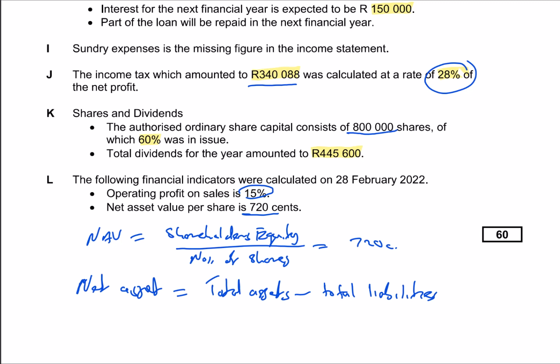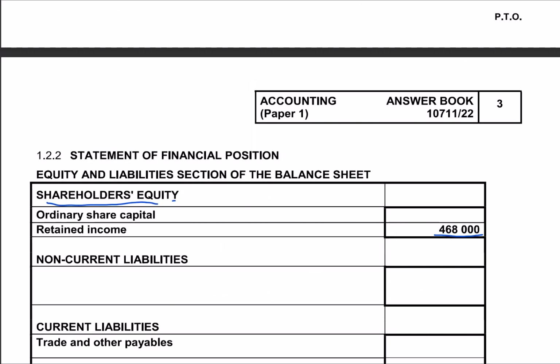So for us to get the value of the shareholders' equity, we know that this is 60% of 800,000. So if we find 60%, then multiply by 720, we'll get our shareholders' equity. So if we come to our question here, shareholders' equity will be 800,000 times 60%.